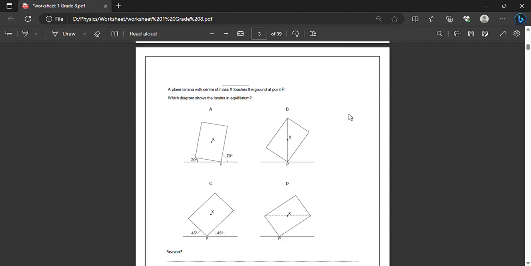Here they said a plane lamina with center of mass X touches the ground at point P. Which diagram shows the lamina in equilibrium?